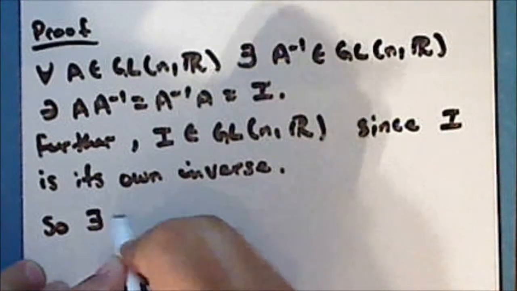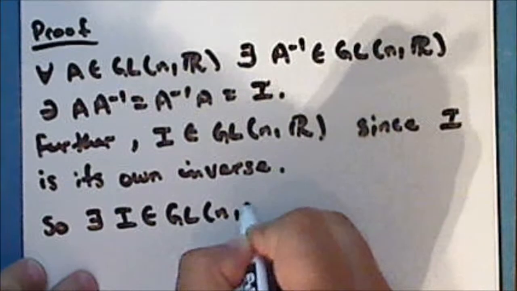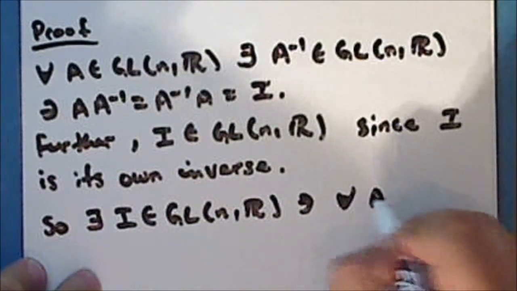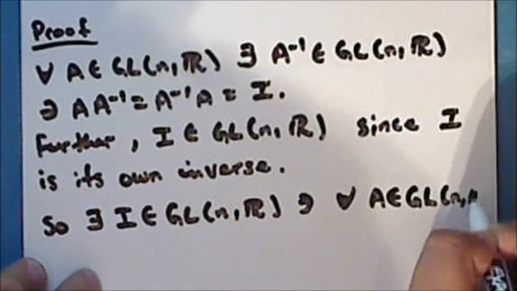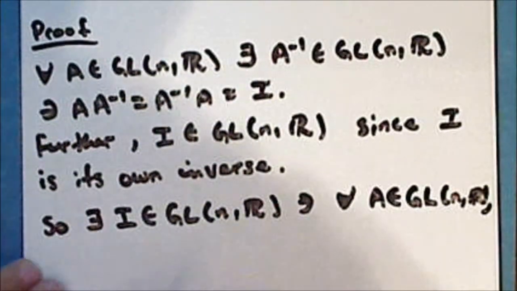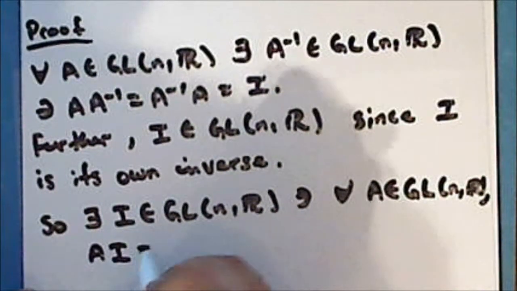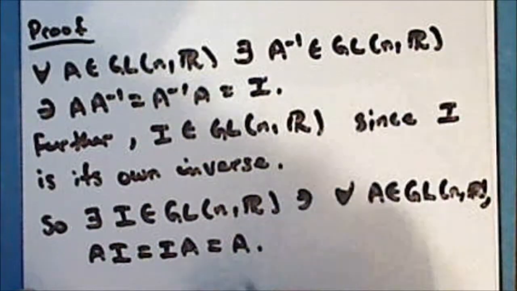And so there exists the identity matrix in this set, such that for every matrix A in this set, we have that A times the identity is the same as the identity times A, which is the matrix A.